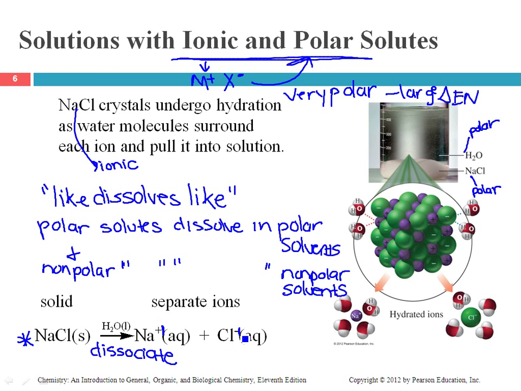Okay, but what actually happens in solution is this positive charge on the sodium is going to be solvated by the negative charge. So there's an attraction here between that negative charge, or the partially negative charge, on the oxygen. So the water is actually able to go into a crystal.